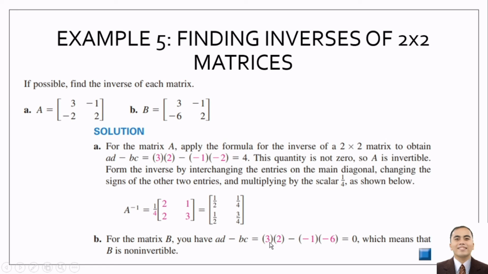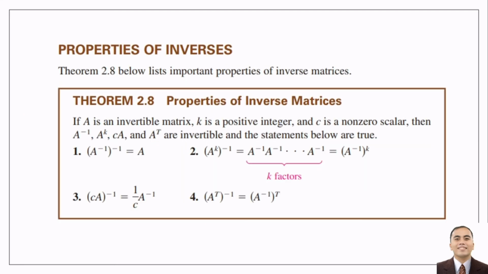So 3 times 2 minus negative 1 times negative 6. It will become positive 6. So 6 minus 6 is 0. So it means that B is non-invertible. So wala siyang inverse.